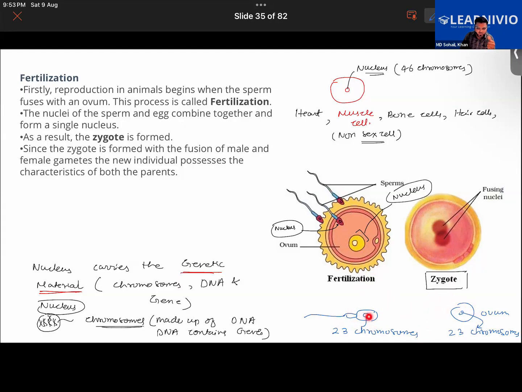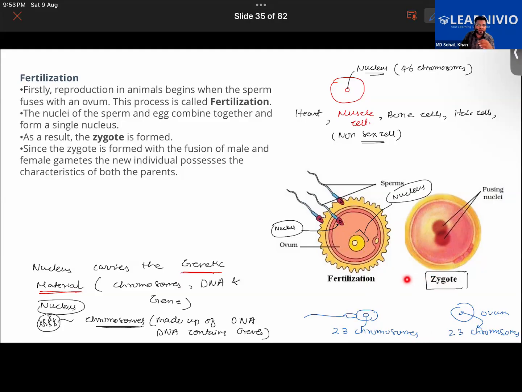So 23 chromosomes from the male parent and 23 from the female parent. So both the parents have an equal contribution, right? Hence the zygote, which is later going to grow into a newborn baby, will have characteristics from both the parents.